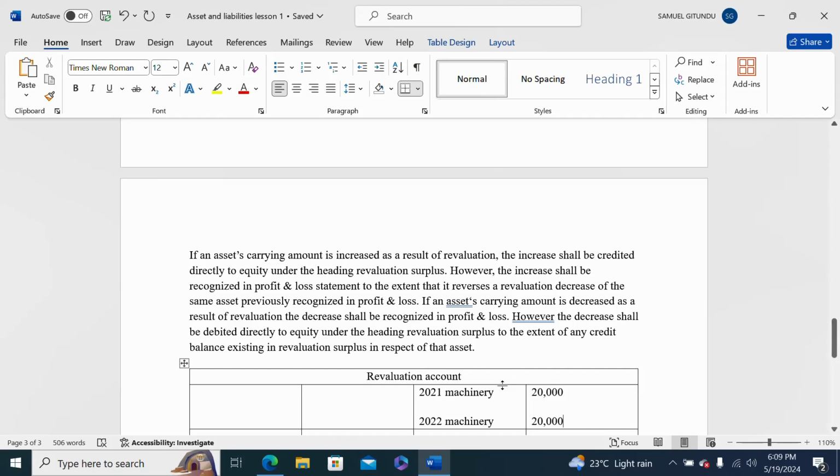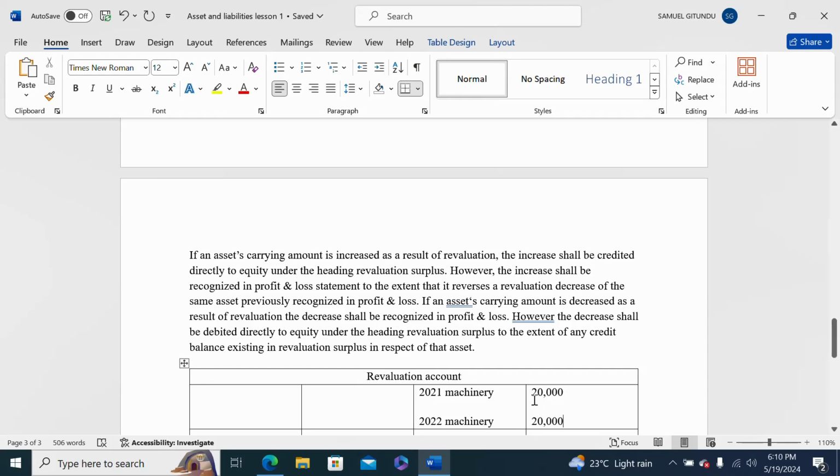However, if in 2020, for example, there was a revaluation loss of 20,000 which was recognized in the income statement, then this revaluation gain we would not have recognized here.